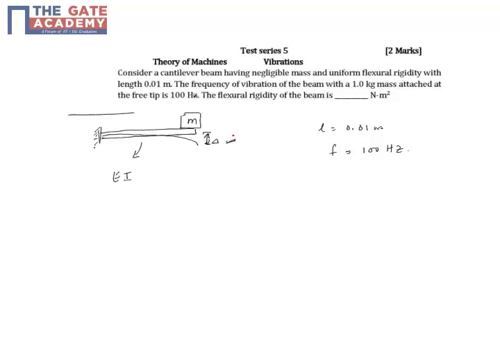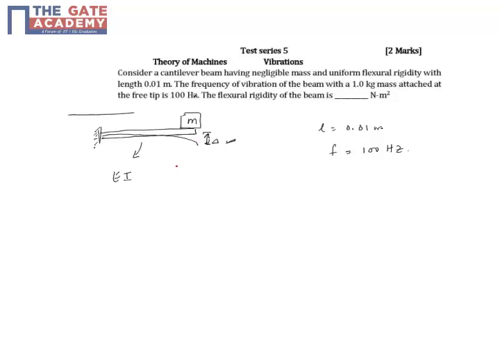Now if you just perturb it and leave it from this undeformed position, it's going to exhibit simple harmonic motion, because you have inertia as well as restoring forces in the system. The restoring forces being the stiffness of the beam, and the inertia being the mass. There are no damping effects, so it is going to exhibit a simple harmonic motion.